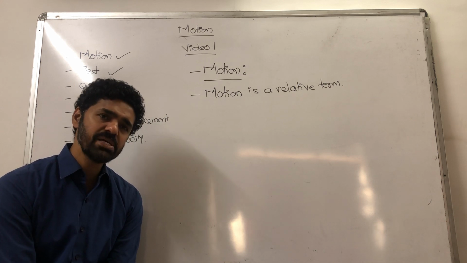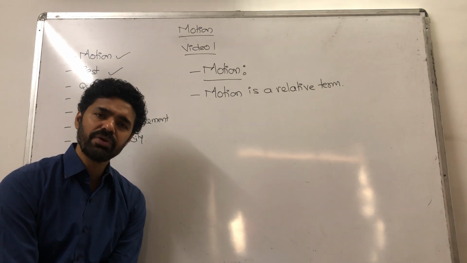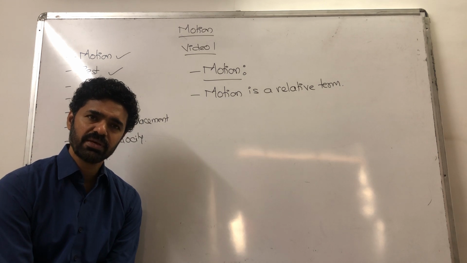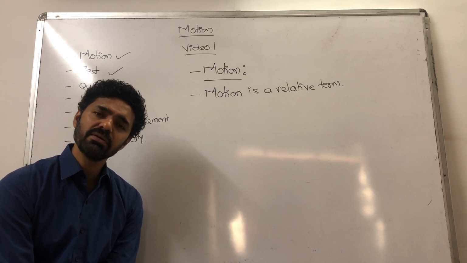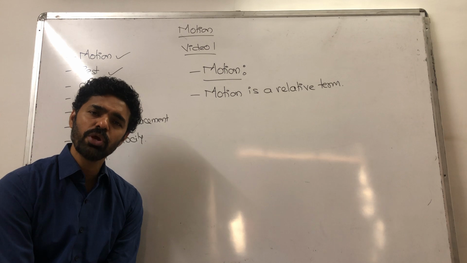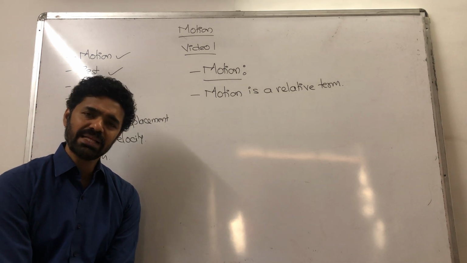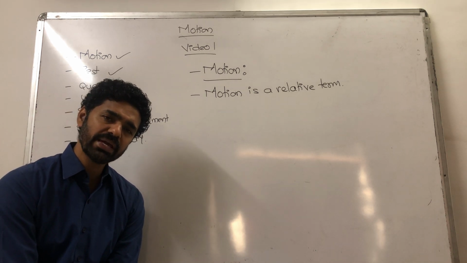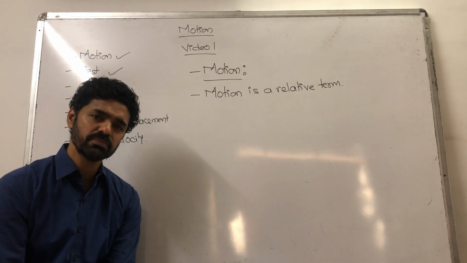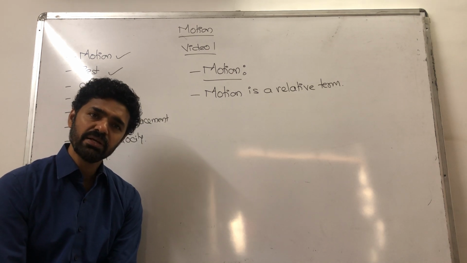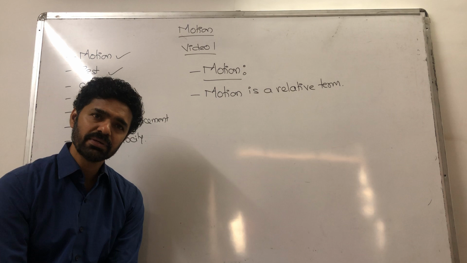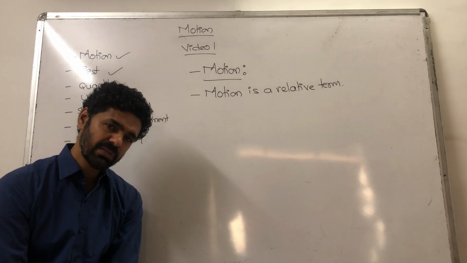Let's say A, B and C are three friends. A and B are going for a tour and C comes to drop A and B at the bus stop. A and B, they both board the bus and they are sitting together.